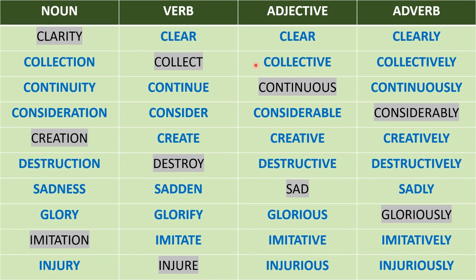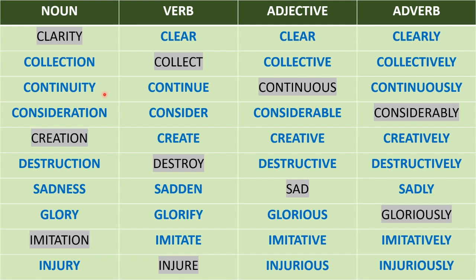Collective. This is a collective decision. Means everybody together is making the decision. Then collectively, we must decide collectively what we are going to do. So collectively, adverb form. Then you have the word continuous, which is adjective.